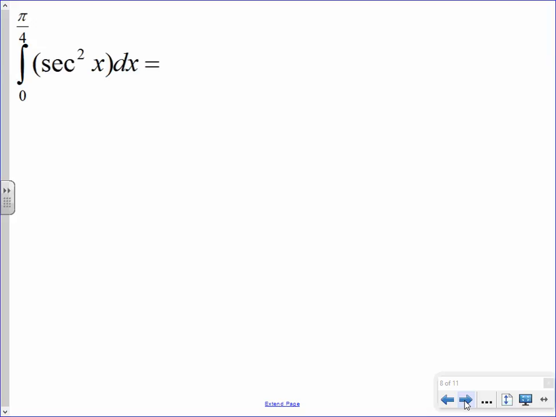Logan, what's the antiderivative of secant squared? Good. So the antiderivative is tangent, and we need to evaluate that from 0 to pi over 4. This is where you remember some pre-calculus.